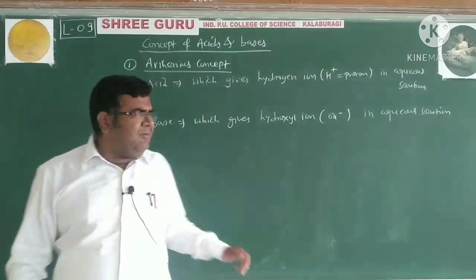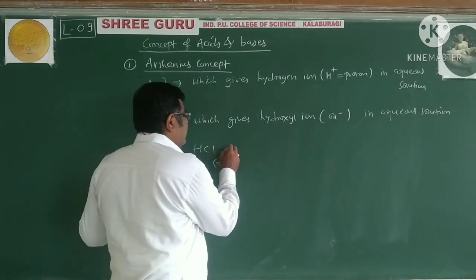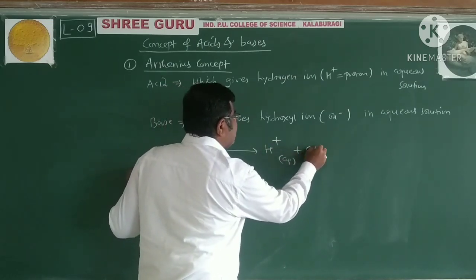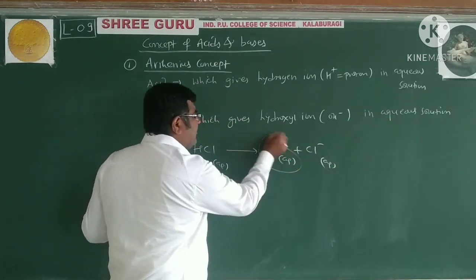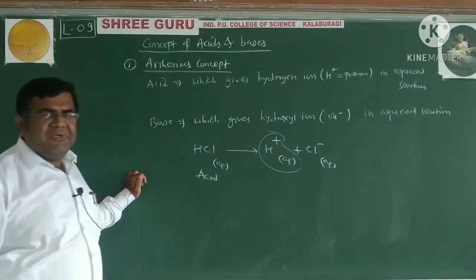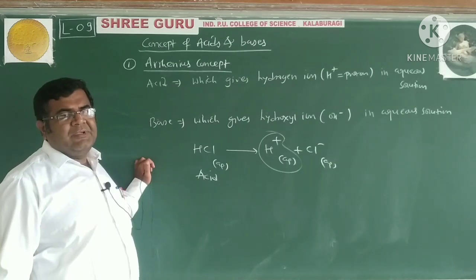For example, if you put HCl in water, it forms H plus and Cl minus ion. As it forms H plus ion, we call this the acid. Very simple. Substances which give H plus ions in aqueous solution are called acids.